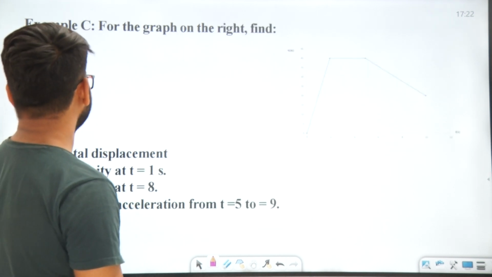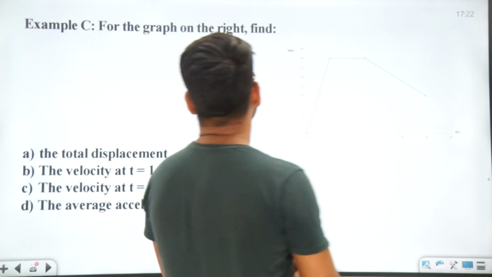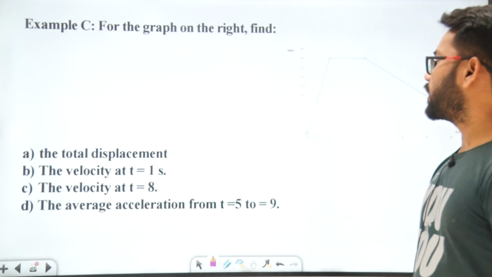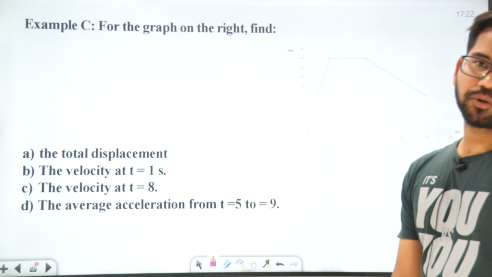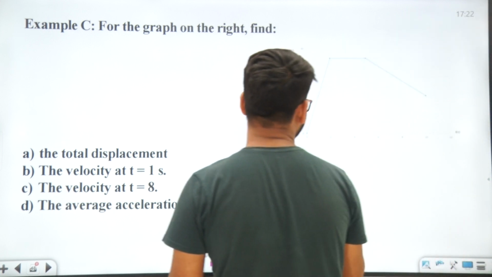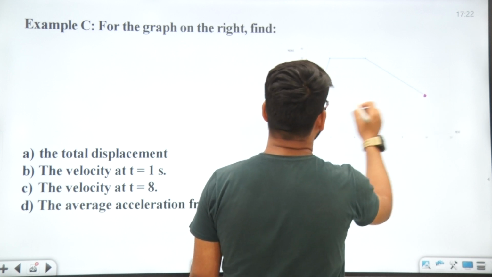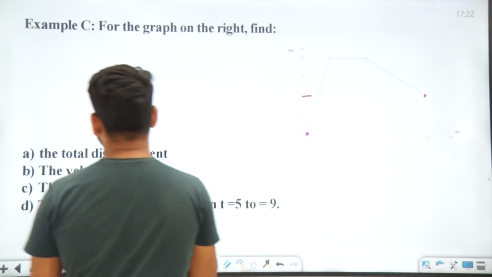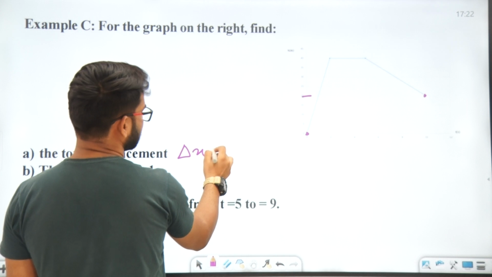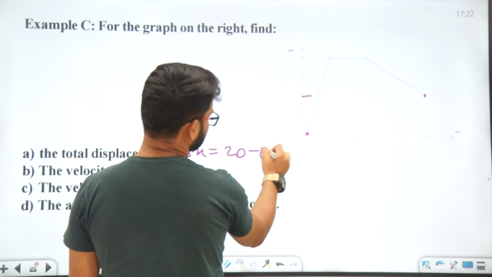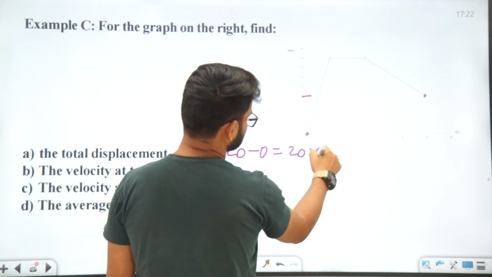Let's go for this question. For the graph on the right, find total displacement. For total displacement, we look for the initial position, that is 0, and the final position, that is 20. So displacement delta x will be 20 minus 0, that will be 20 meters.